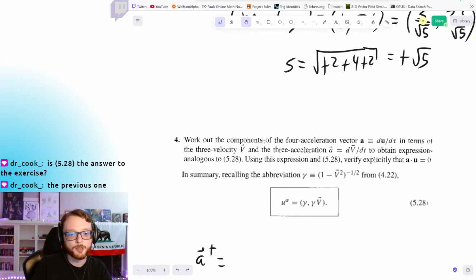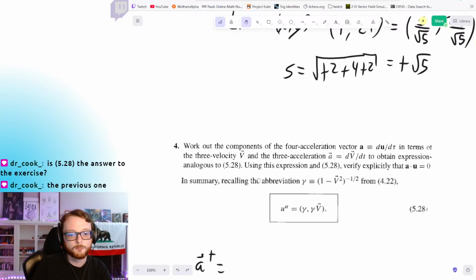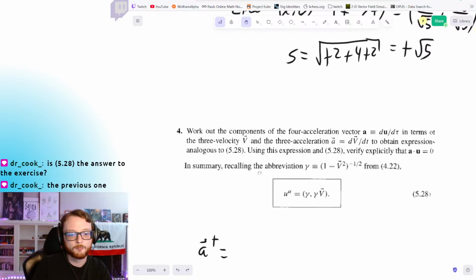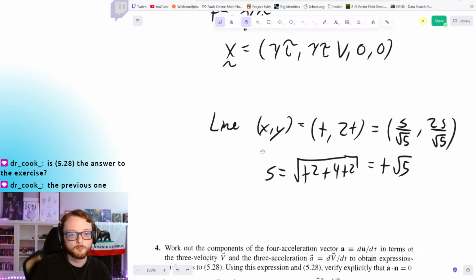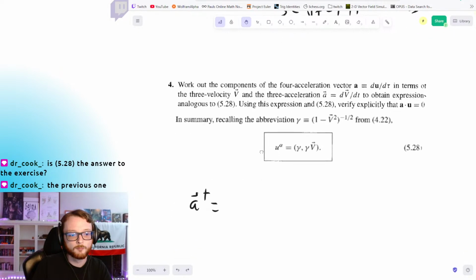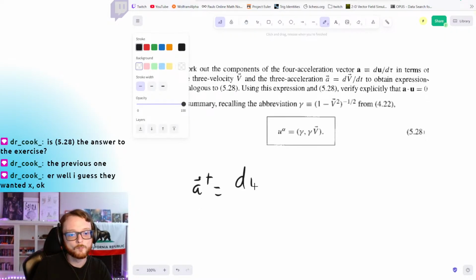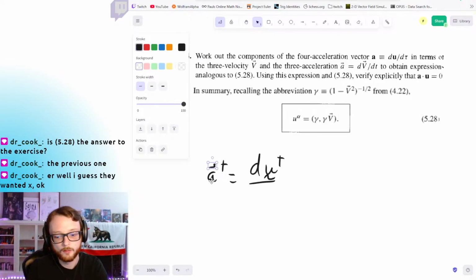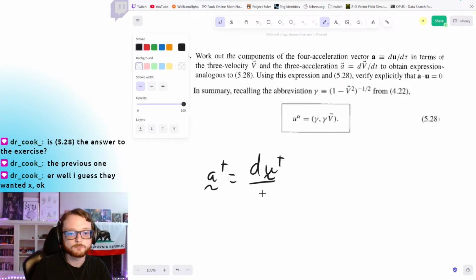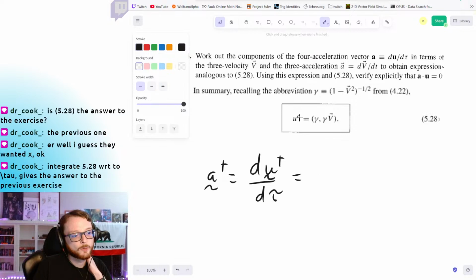It basically is, but we need a tau involved. Integrate 5.28 with respect to tau gives the answer to the previous exercise. Okay.